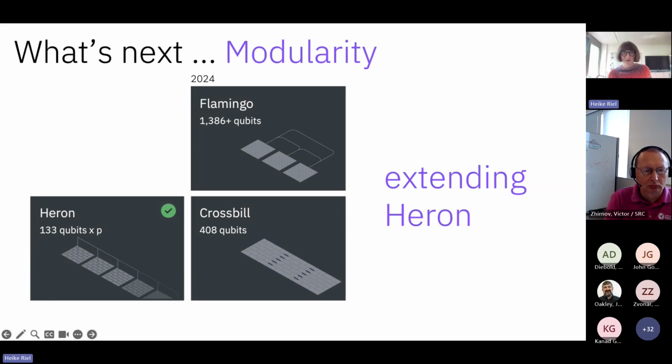For this year, what we want to demonstrate are different types of couplers, which are quantum couplers. These are microwave couplers between different qubit processors in order to do good quantum computation on a larger chip, which is partitioned into connected Herons.